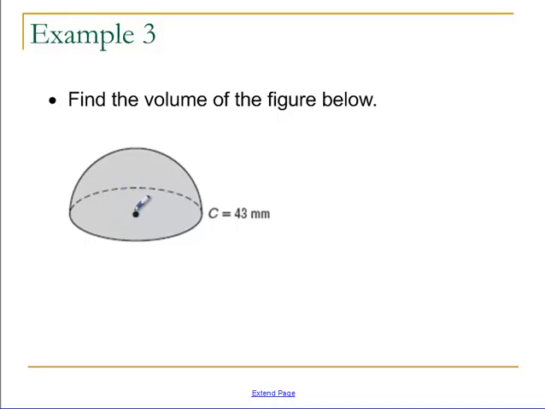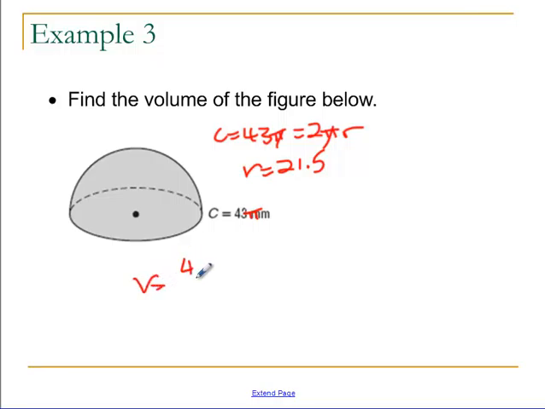So let's find the volume of this. This is a hemisphere. The circumference, let me throw a pi there. Circumference is 43 pi, and that is 2 pi r. Pi's will cancel. Take 43 divided by 2, and you get that r is 21.5.